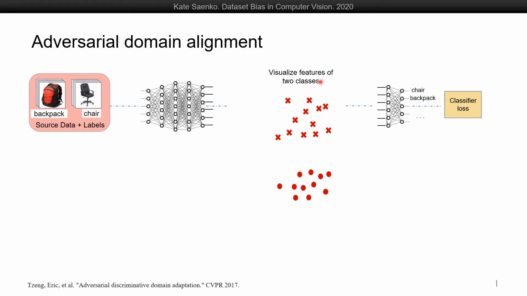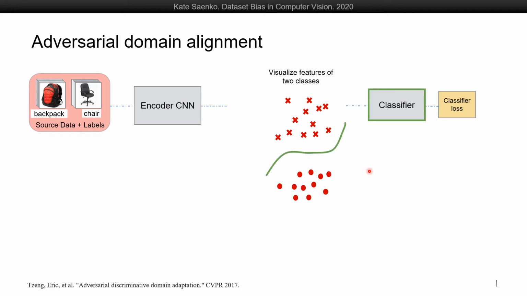Let's visualize features of two classes of the source domain. Let's say here are some features being extracted by the feature encoder. And then we can also draw the decision boundary that the classifier is learning to draw between these two classes.